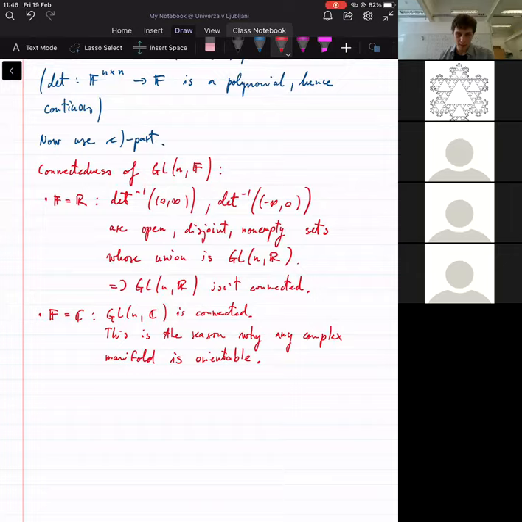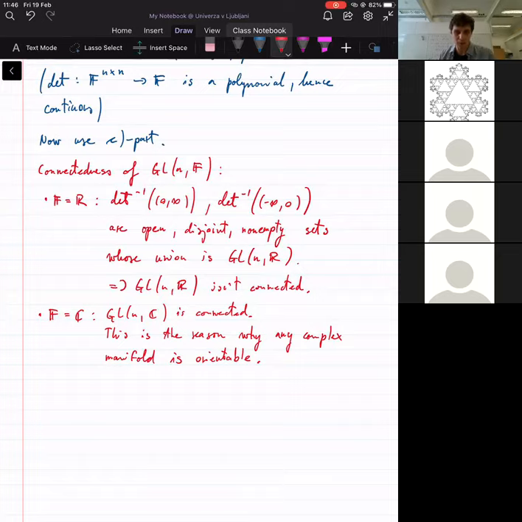Well, in the case where we have a complex manifold, this Jacobian will be a complex matrix, right? A matrix with complex entries.